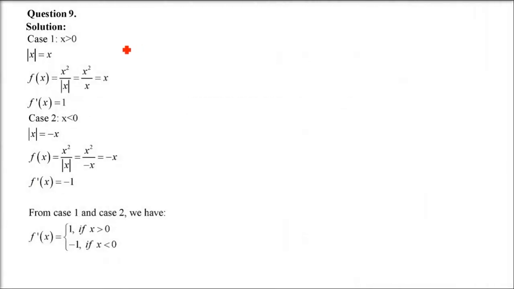Coming to question number 9. Here, if f(x) is equal to x square by modulus of x, then we have to find out d by dx of f(x). So same thing, x square won't matter much. Main thing is, first of all, x cannot be 0. This is very important.